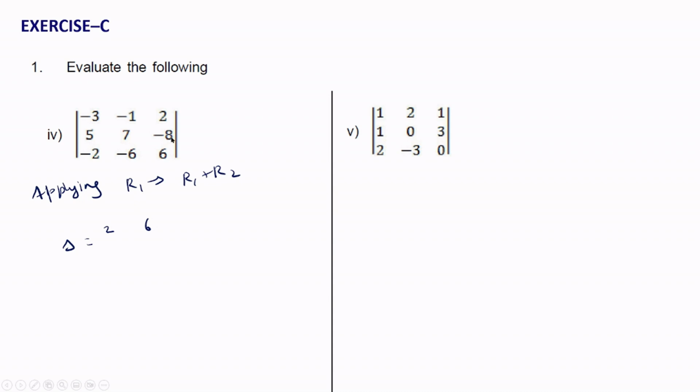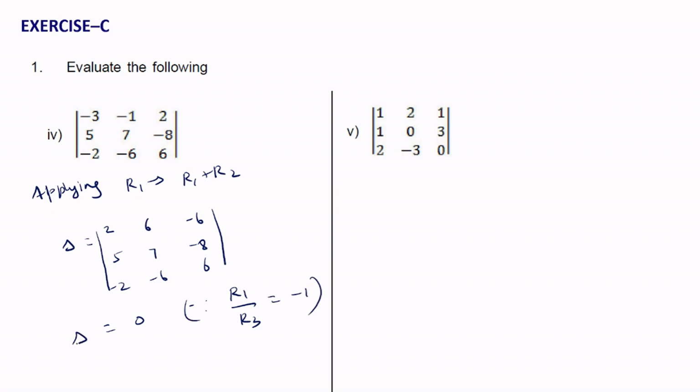Then 2 minus 8, minus 6. The other rows remain the same. Here we can see that the first row and the third row are in the ratio minus 1 is to 1. So the value of this determinant is equal to 0, since R1 by R3 equal to minus 1.